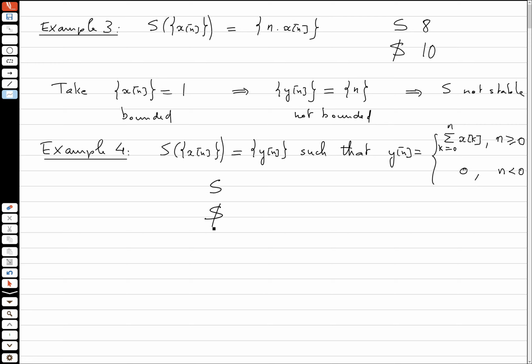I give you a little more time. It's a little harder. Okay, let's vote. How many of you vote this is stable? How many of you vote this is not stable?